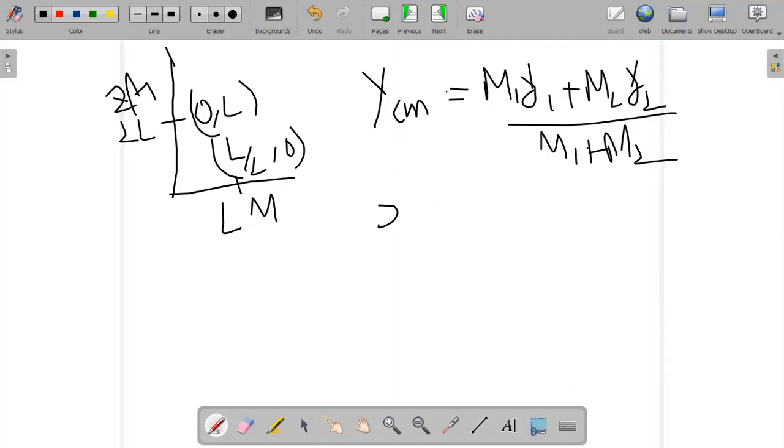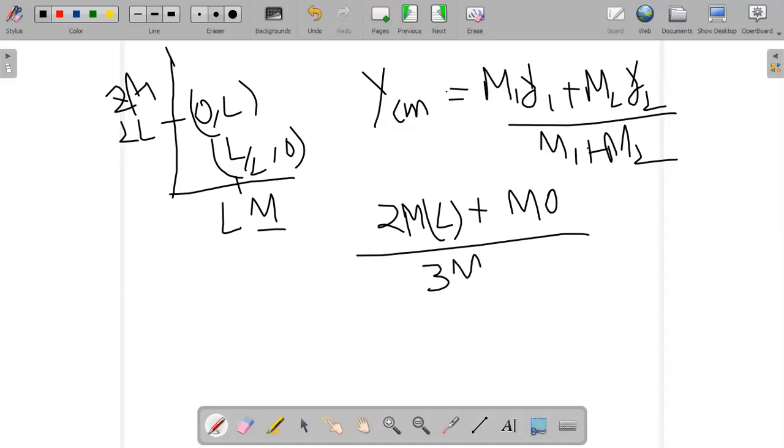So m1 we have 2m, y1 is how much? Yes, it is L, plus m2 is how much? Mass is capital M. What is the y center of mass of length rod L? 0, divided by total mass, again 3m. So m into 0 will become 0. So this will become 2mL divided by 3m.